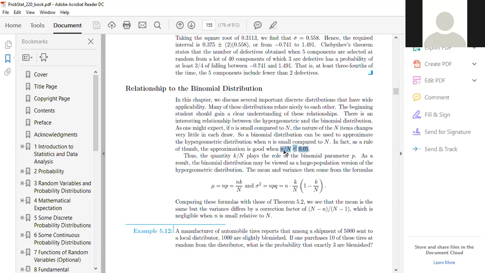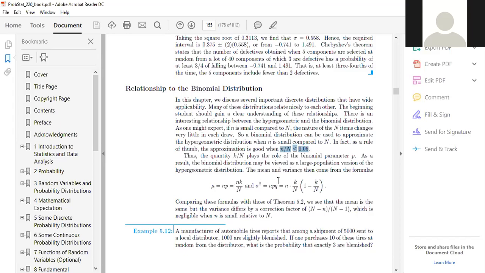So the question arises, how small should my small n be compared to my capital N? It says that small n over capital N must be less than or equal to 0.05. If this is the case, the binomial distribution can be used to approximate the hypergeometric distribution, right? And thus the quantity k over N plays the role of the binomial parameter p, right?